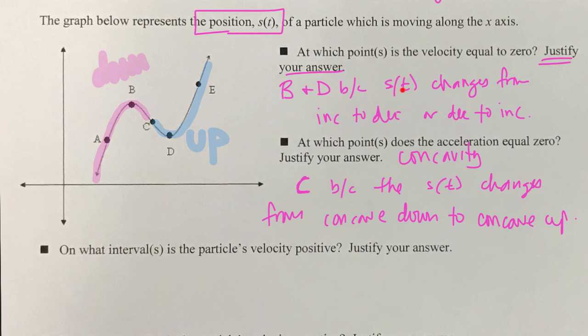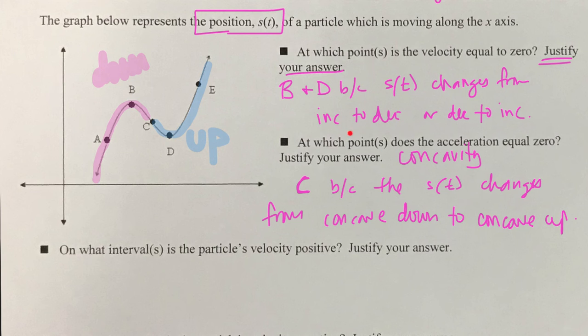The position changes from increasing to decreasing. Here we have y values that are going up to point B, and then we're now going down. The y values are decreasing, so that means we had a maximum value here, or a 0 at the top. Then we have decreasing y values to this point, and now they're increasing.